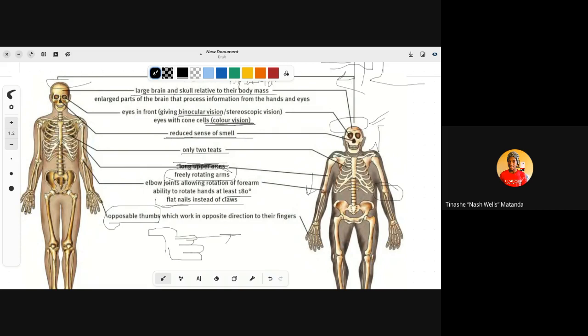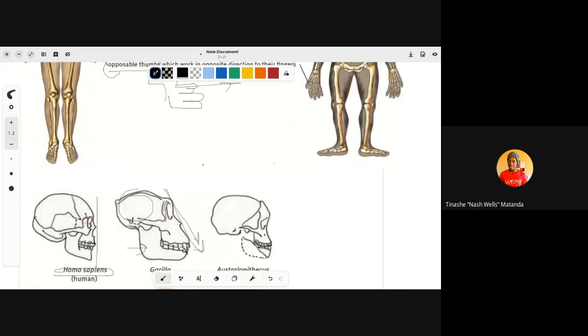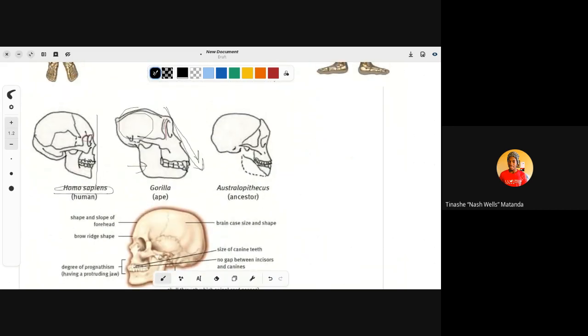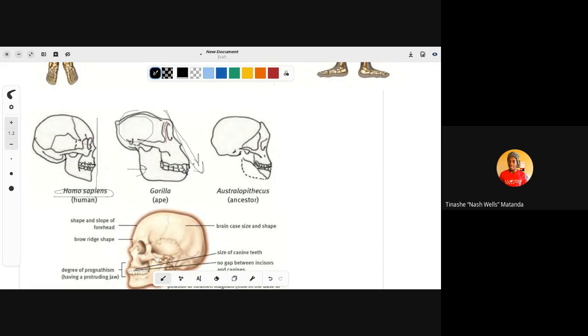We will probably have the same brain size, but the space of the cranium itself is not the same. You'll find they have a thick skull, these guys. That's why they are so hard to teach. They have a thick skull, but the space of the brain is small. But human beings have quite a thin and delicate skull, and our cranium, the space that actually houses the brain, is quite big. So that's a difference within those craniums.